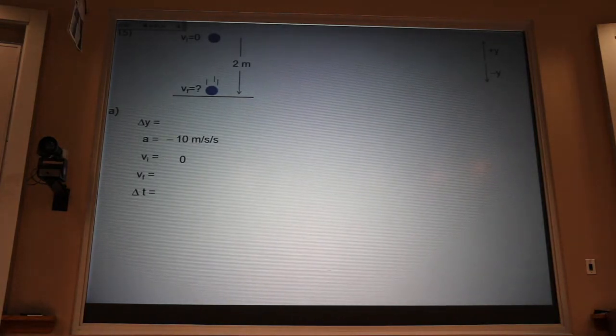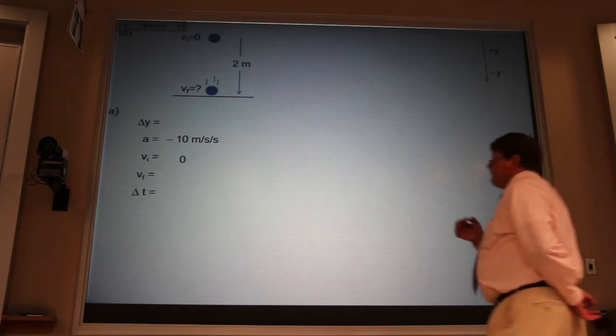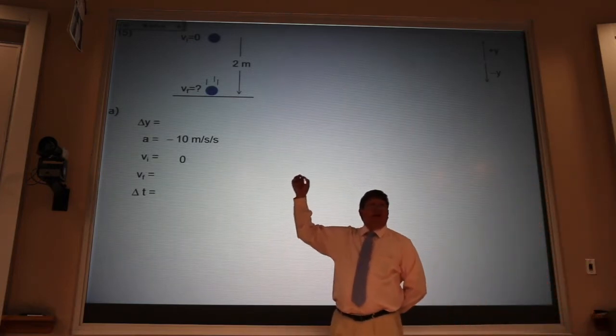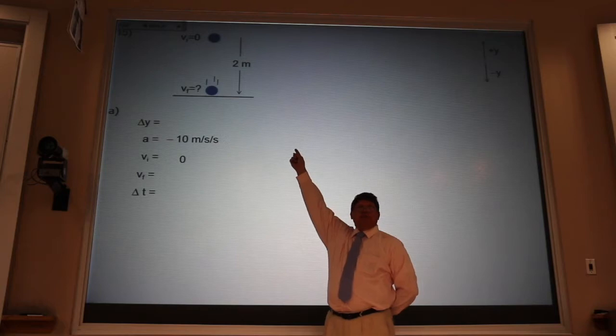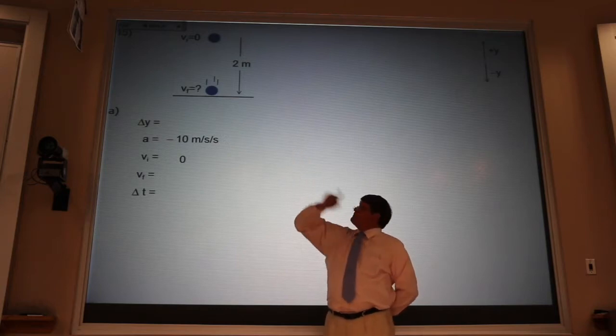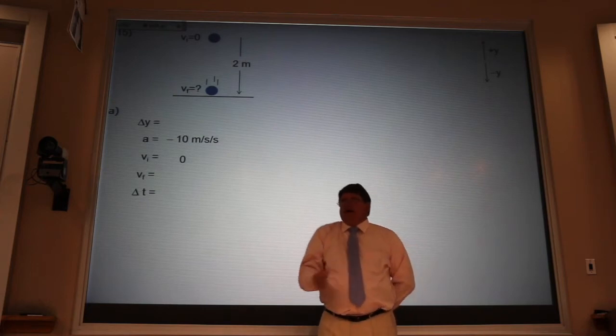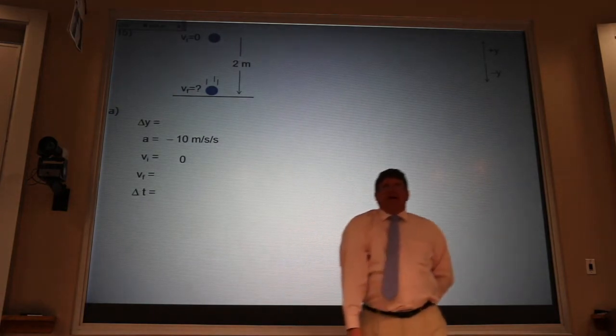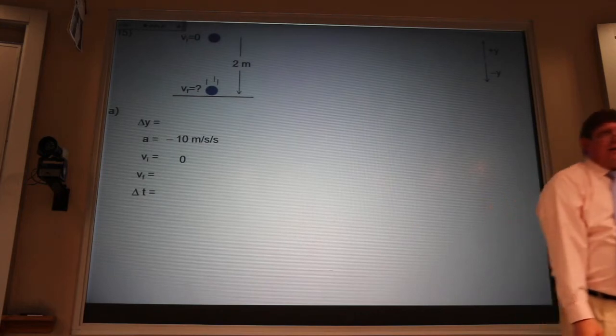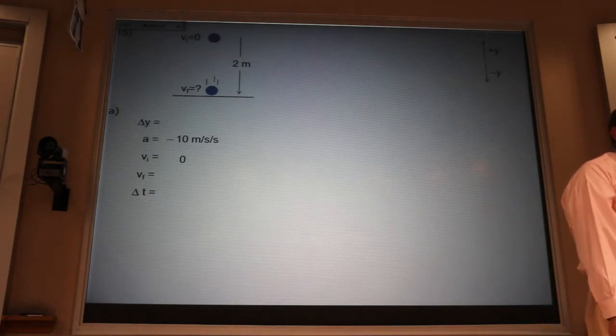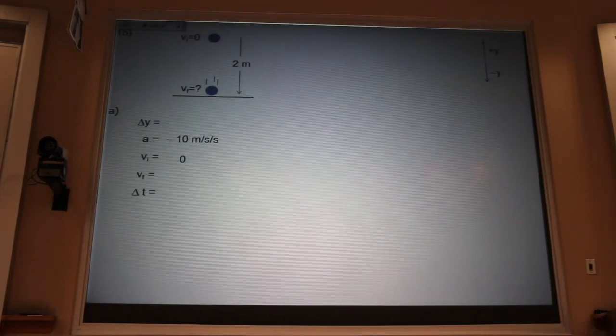The displacement vector is a vector that goes from the very first starting place to the very last ending place as the crow flies. That's a vector pointing down. Its length is 2 meters, but it's down. In this coordinate system, that means a minus 2.